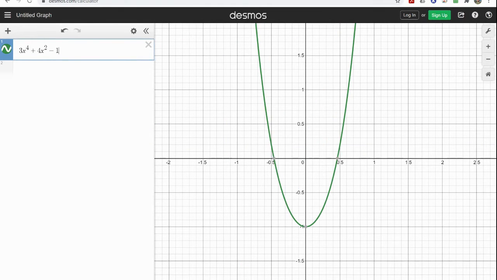All right, looks kind of like a parabola. It's a 4th degree. Our zeros are both at negative 0.464 and 0.464.